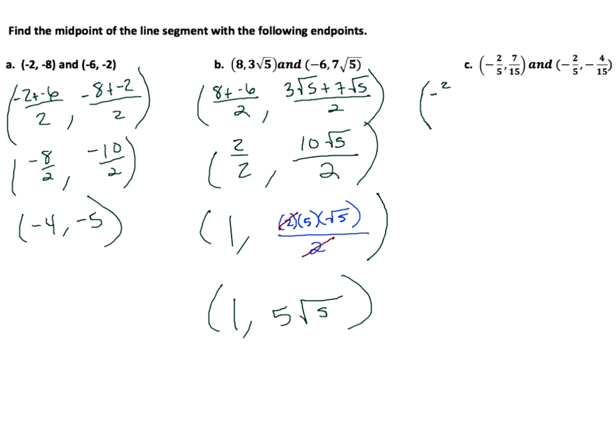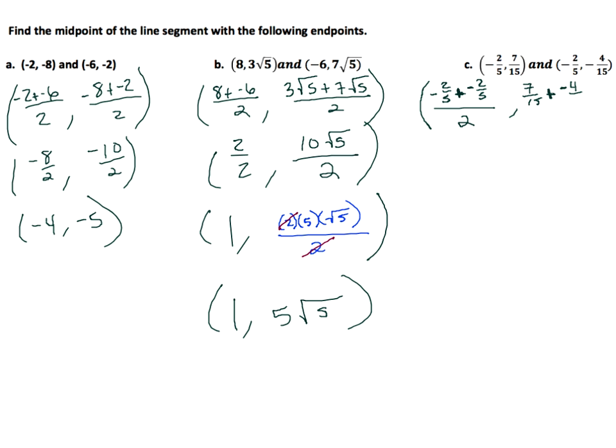All right, averaging my x values, negative 2/5 plus negative 2/5 divided by 2. And my y values, 7/15. Oh, I'm sorry, I'm adding those, plus negative 2/5. Sorry about that, because I'm averaging them.